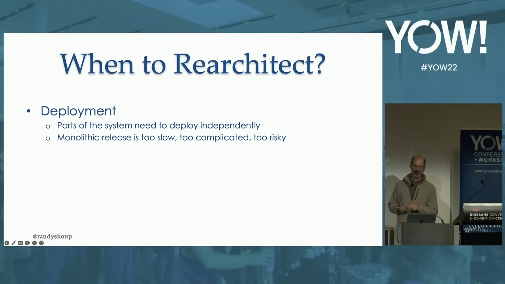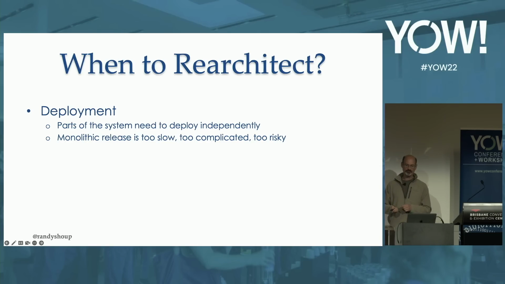And then the last thing, which is rarely alone, but is usually in combination with either or both of the velocity point or the scaling point, is that parts of the system want to be deployed independently. The monolithic release is too slow because it bundles everything up together. It's too complicated or it's too risky. We might ask ourselves, why are we redeploying the authentication system every time we update the JavaScript? That would be pretty silly.